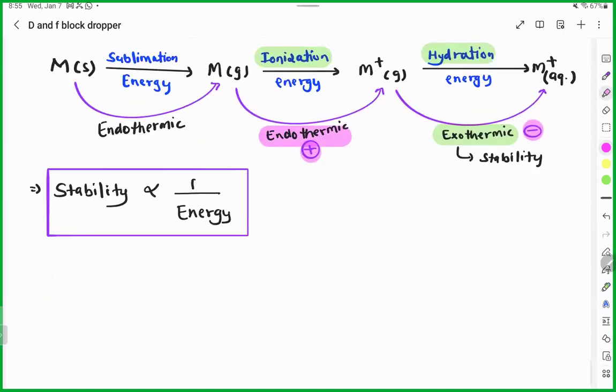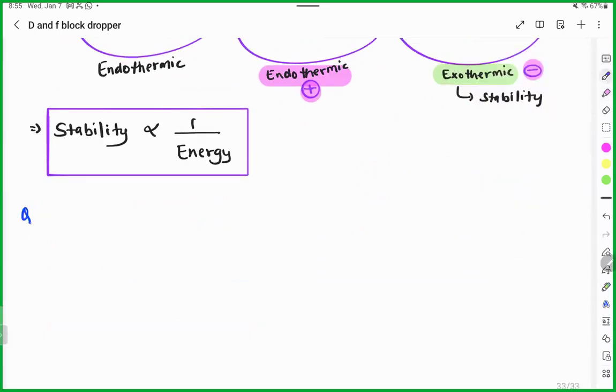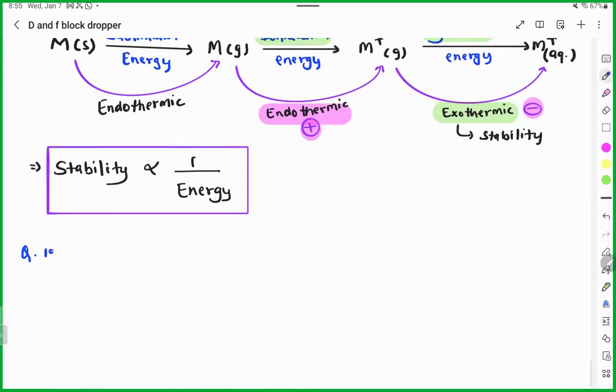Okay. Example. What is the question number 19? So if we see from scandium to zinc, the electrode potential value becomes less negative. I will write electrode potential EP. Electrode potential EP value is less negative.